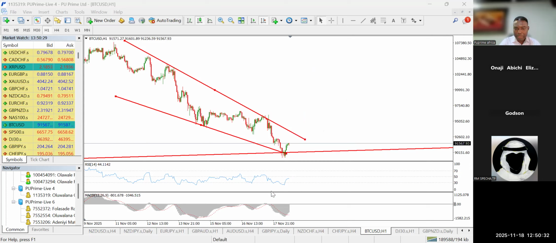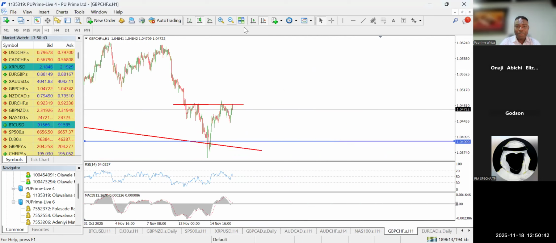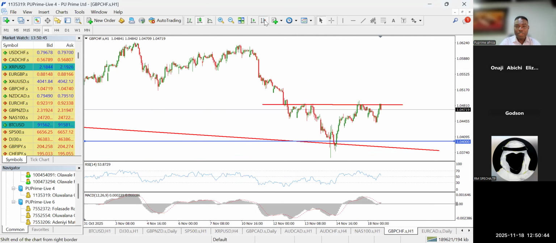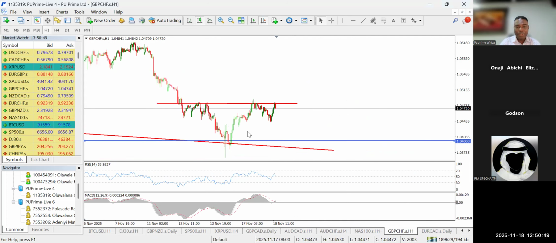I analyzed the GBP CHF yesterday too, on which I was bullish. And this is the current setup. We still have the bullish outlook. This is the GBP CHF, pardon me. As of yesterday morning when I analyzed this, I remember telling us I was expecting an inverse head and shoulders and a breakout.